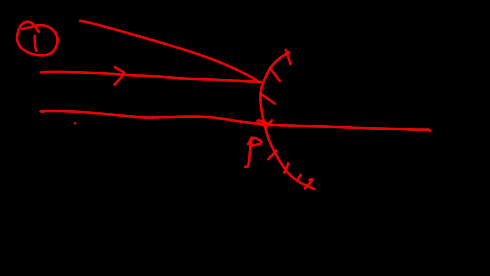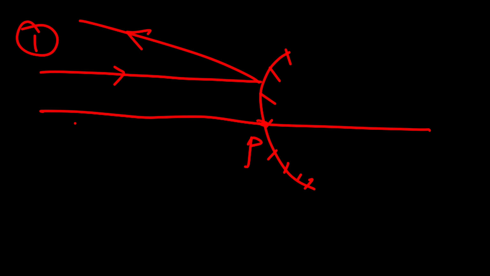Rule number one. Again, the same kind of rules will be there, but those will be a little bit difficult. Let's draw. This is the principal axis, and this is the convex mirror. When a light ray passes parallel to the principal axis, let's say this is the focus, after reflection it diverges away.